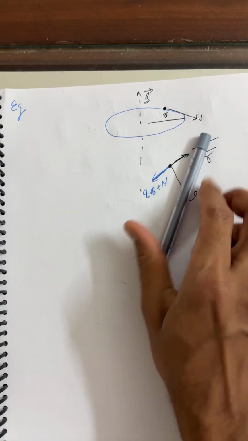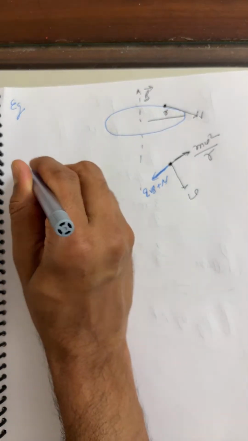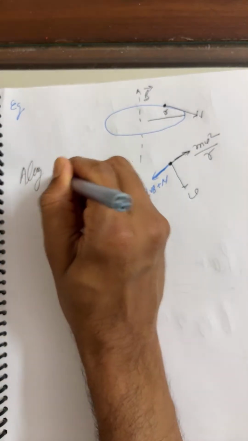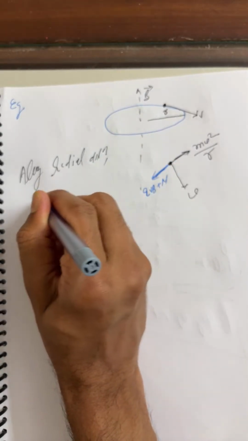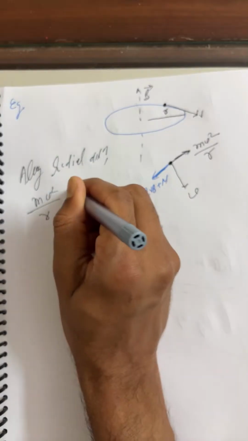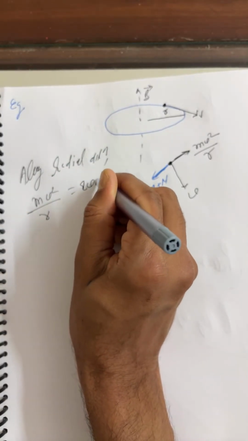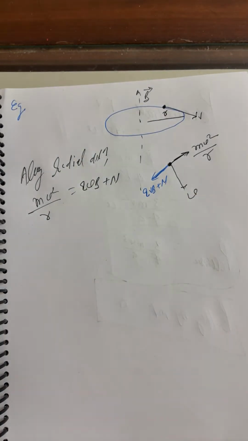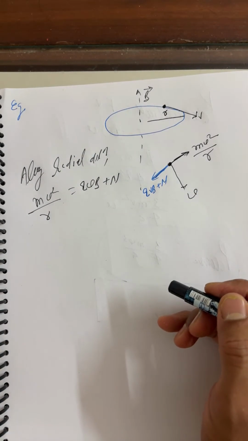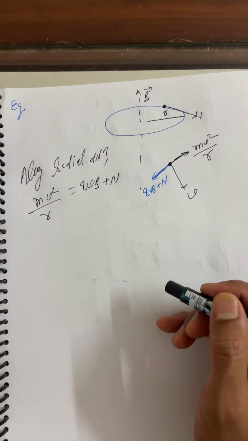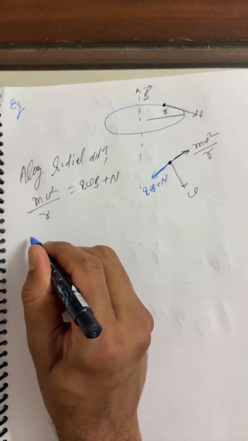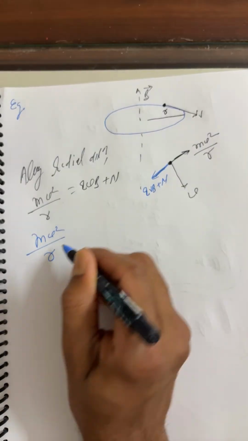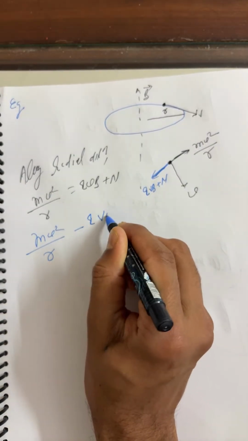Now we can see the system in the radial direction remains balanced. So along the radial direction, mv square by r equals qvB plus N. For this condition, finally you can write mv square by r minus qBv.